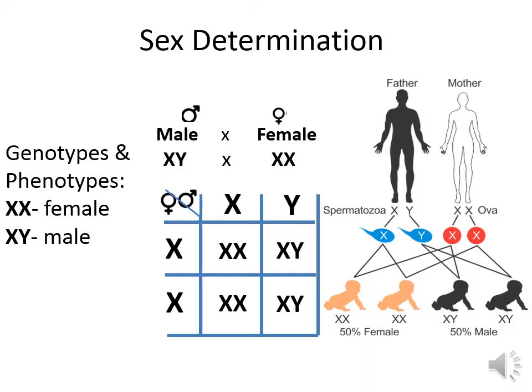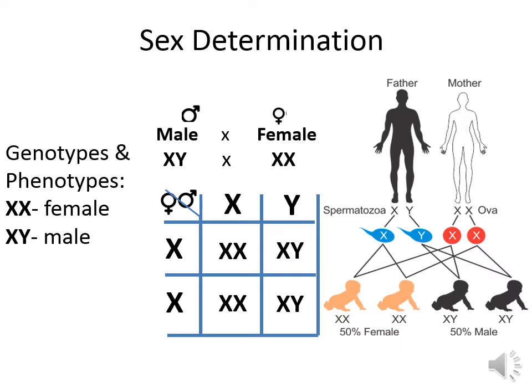In this figure, you can see XY spermatozoa from the father and XX ova from the mother. Anong ibig sabihin yan? For a mother, lahat yung X niya, it contains X chromosome. Sa father, there are two types of spermatozoa. One contains X. Meron naman yung isa which contains Y. So there are two types of sperm.